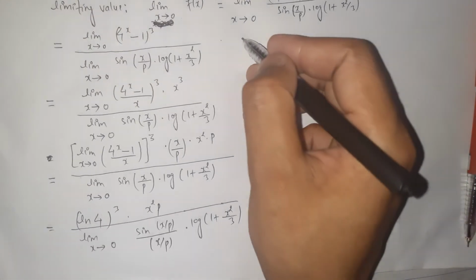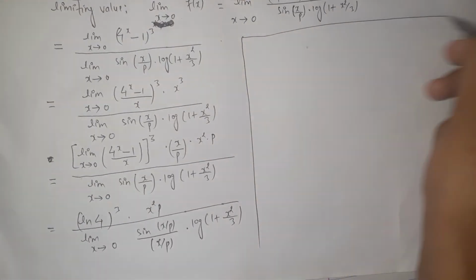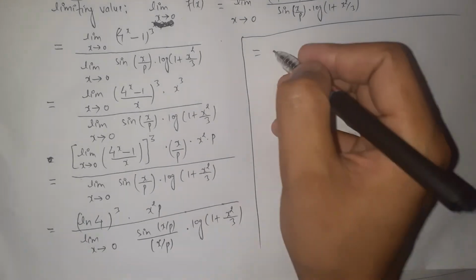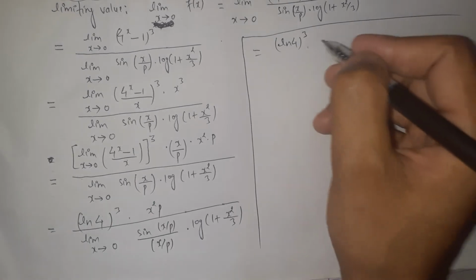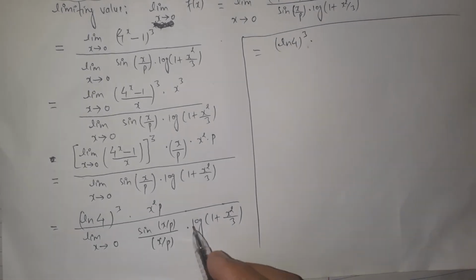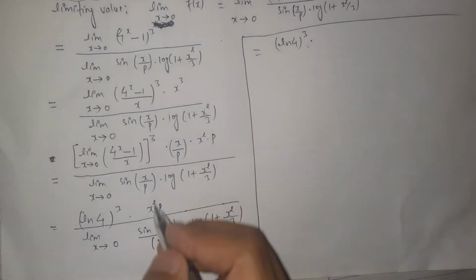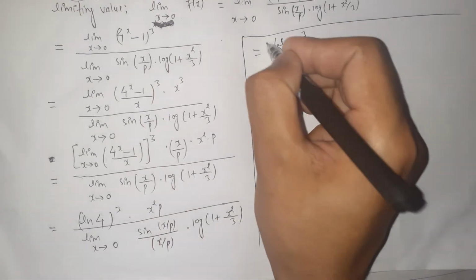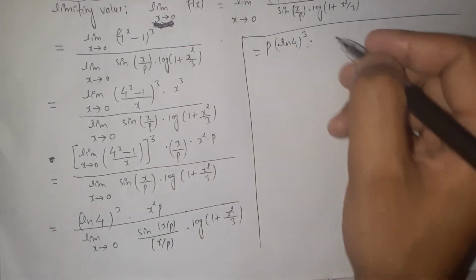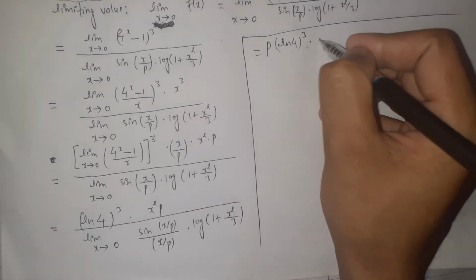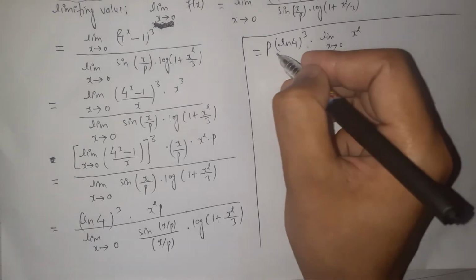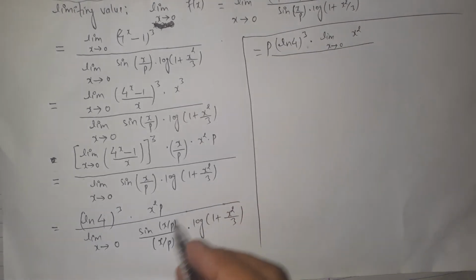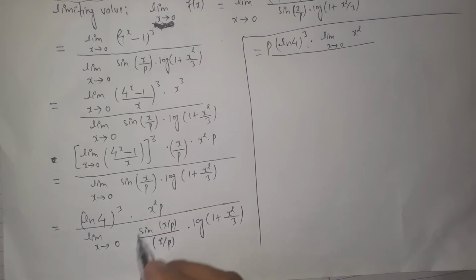Let's solve this, and this is equal to, in the numerator, ln of 4 raised to the power 3, and the extra pi comes here. Let's put the pi in front of it, as it is a constant number we can put it there, and the limit as x approaches 0, only x square remains in the numerator, divided in the denominator by this form, sine x over pi over x over pi.